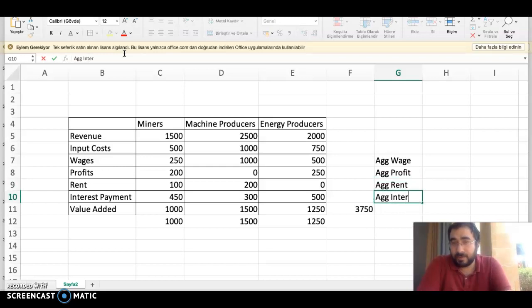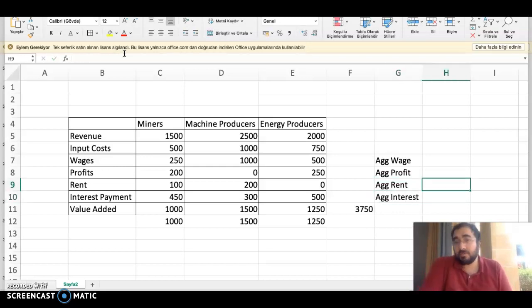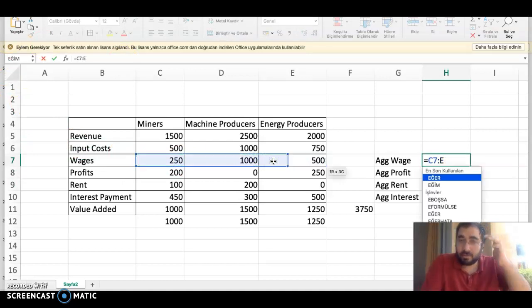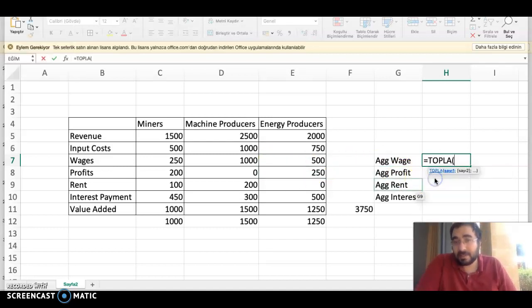This is the sum of all interest revenue, all rent revenue, all profit revenue, all wage revenue in that country. So if we have these three sectors, we basically add up these three numbers. And if the numbers are too many, you can also use the sum function. I mean, in English, I am summing the values.